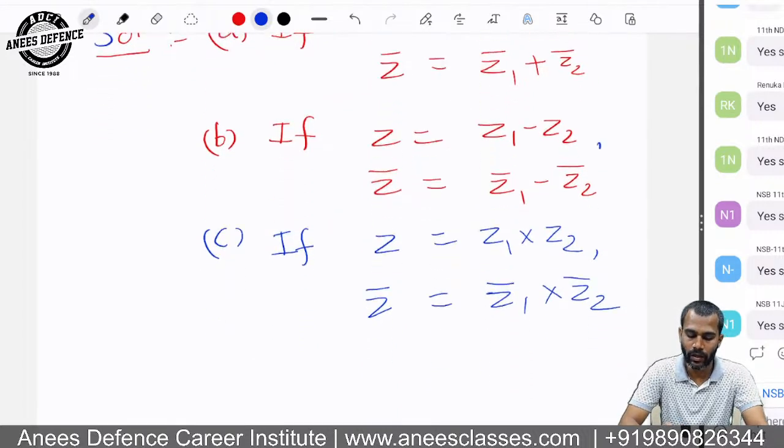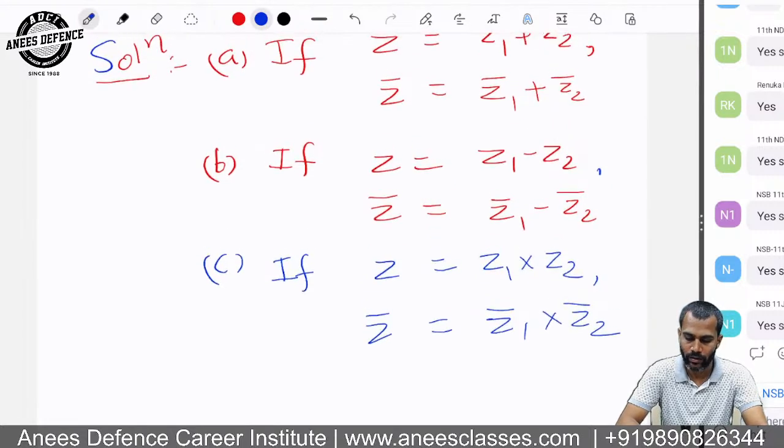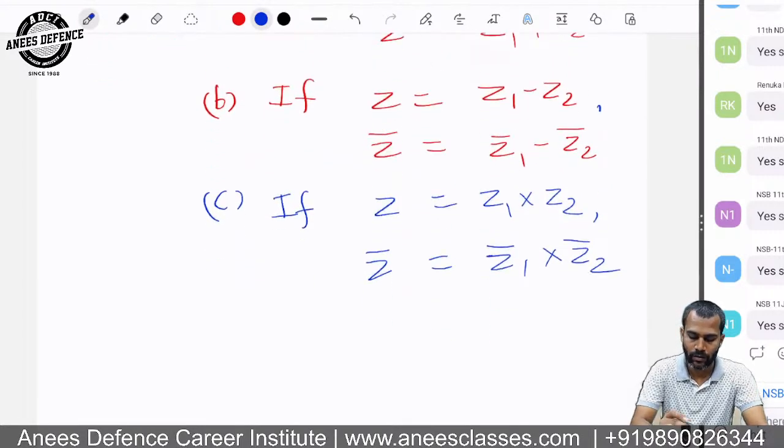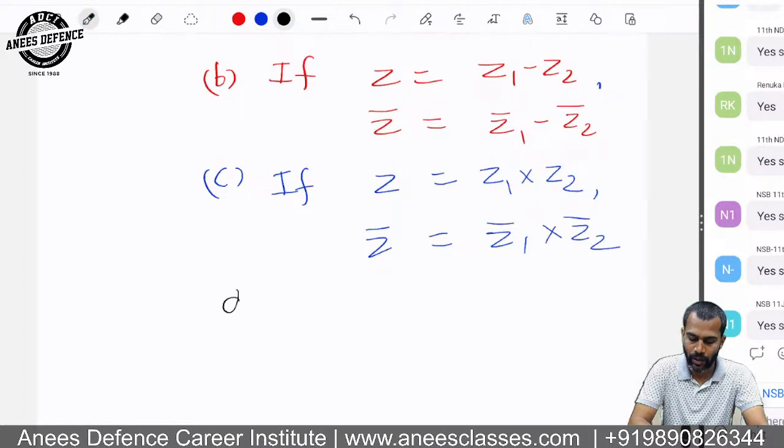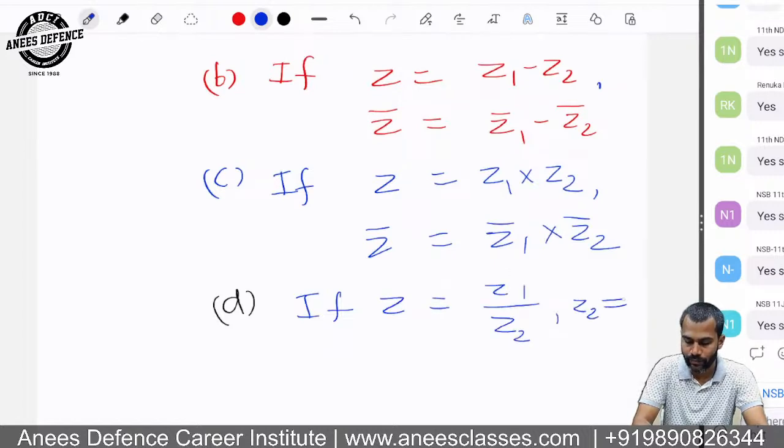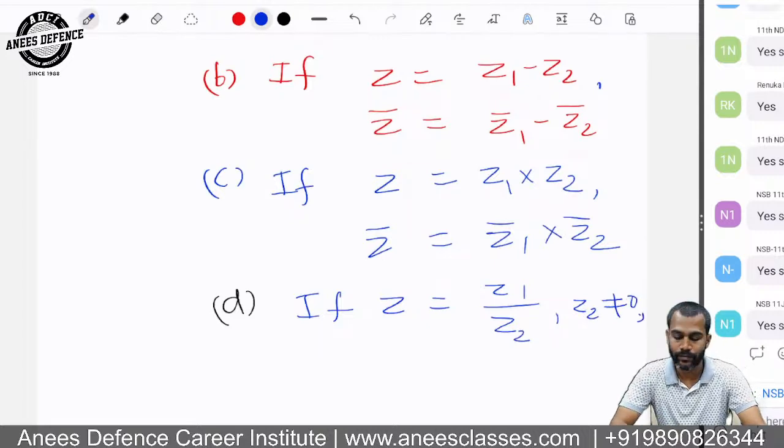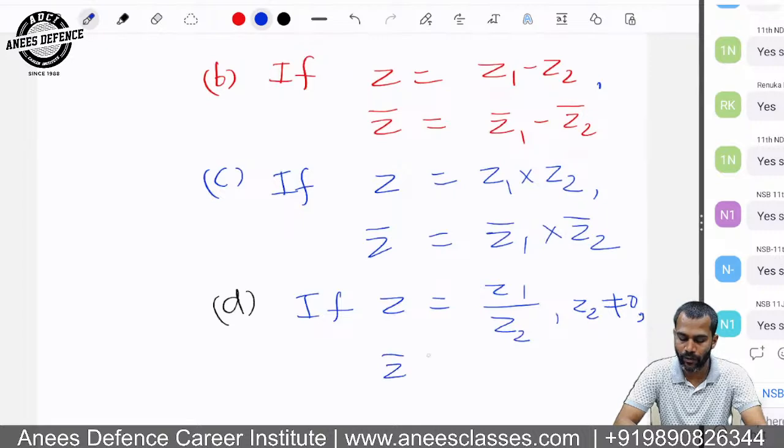Similarly, for the division part: if Z is equal to Z1 over Z2, where Z2 is not equal to 0, remember the denominator cannot be 0, then Z conjugate would be Z1 conjugate divided by Z2 conjugate.